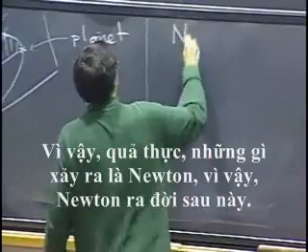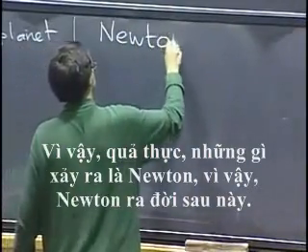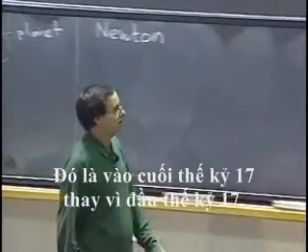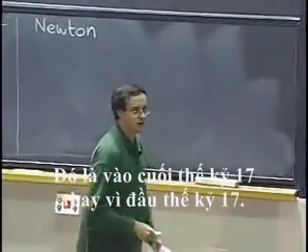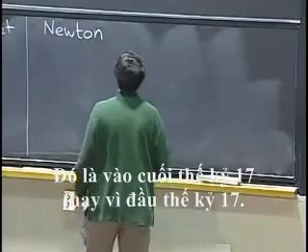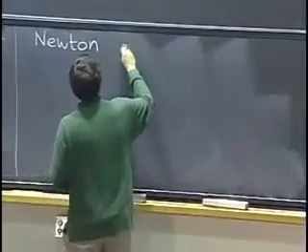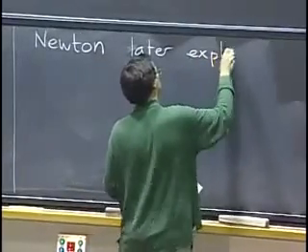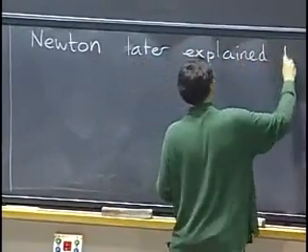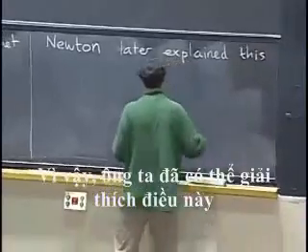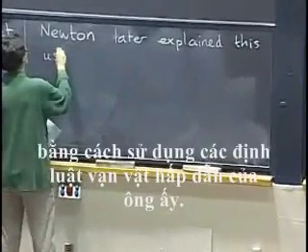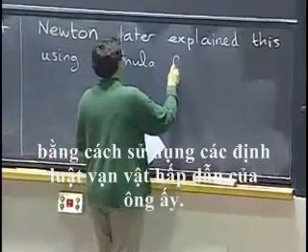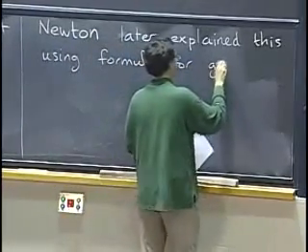So, in fact, what happens is that Newton was quite a bit later. I mean, that was the late 17th century instead of beginning of the 17th century. So he was able to explain this using his laws for gravitational attraction.